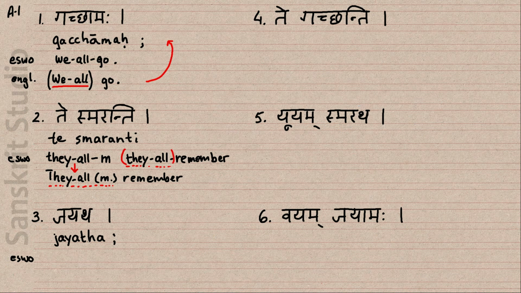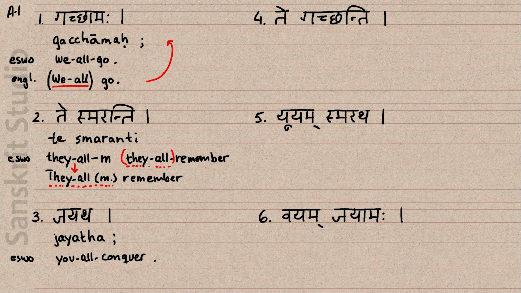We can learn to appreciate that, and we can do our eswo as, and we see here it's only a verb, so we need an implicit subject, you all, and then conquer, jayati, right, conquer, you all conquer.